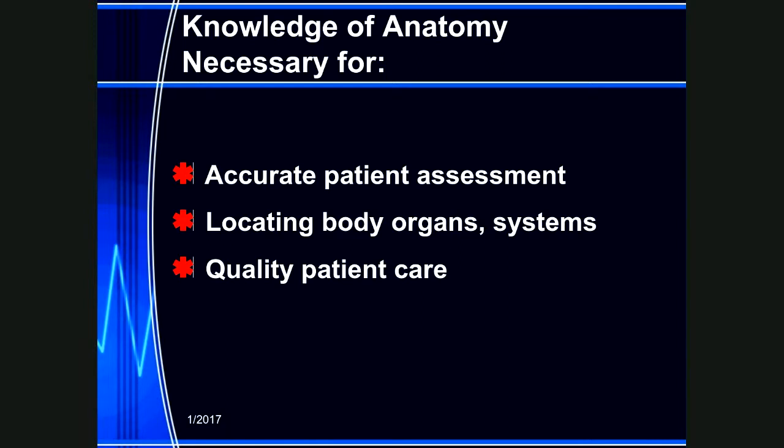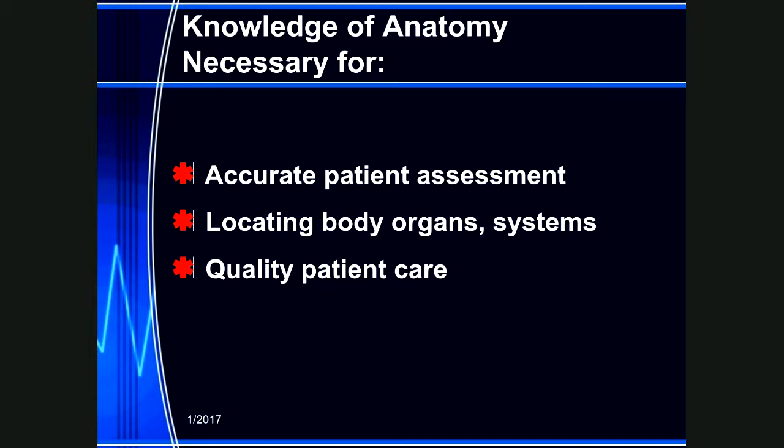It also allows us to give quality patient care, remembering that we're talking about the patient's right and left, even though we're looking at them and their right is our left. We don't want to accidentally say, oh, it's on the left-hand side, but really the injury's on the patient's right-hand side. So you have to be able to convert back and forth.